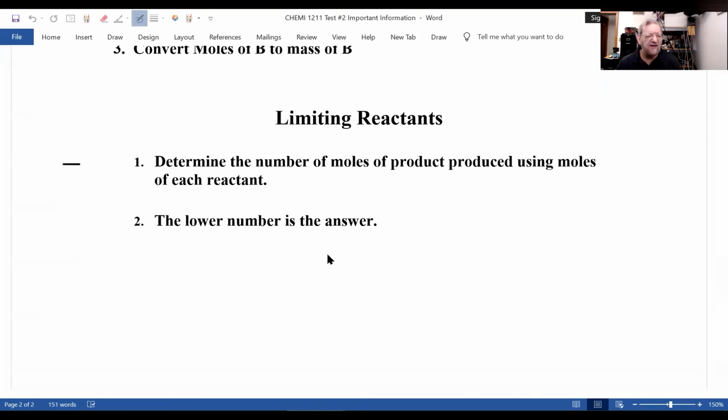Again, there's another way of doing this, but a student years ago showed me this was an easier way, and I use it. I also give that student credit. You have to set up 2 calculations, and then the lower number of those 2 is the answer. So let's see how we do that.